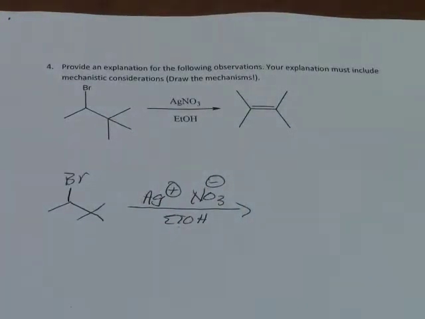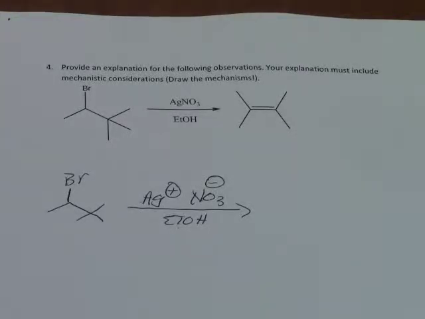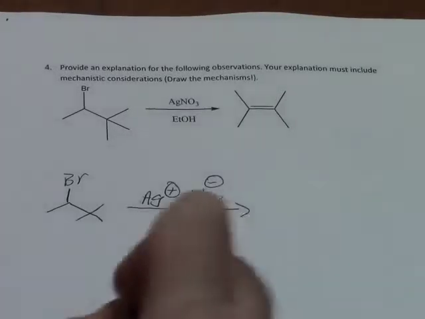Now, one of the things that you need to remember, think back to your general chemistry about your spot tests that you did in lab. What do we know about silver ions? Silver ions will precipitate with chloride or bromide or iodide, that is the halogen atoms. They're insoluble in things like water, and you precipitated those out. The same thing happens here.